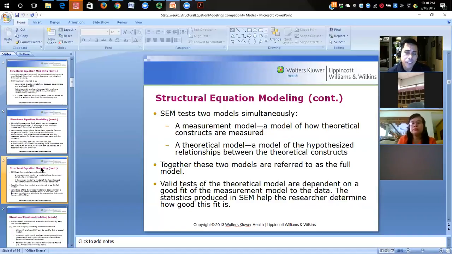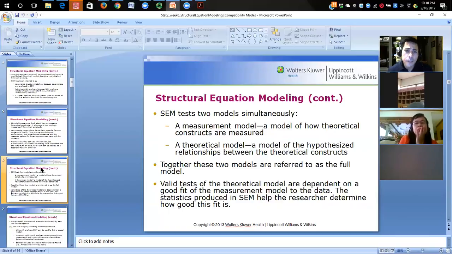It's very useful in tool development, in assessing how many factors are present in a scale.